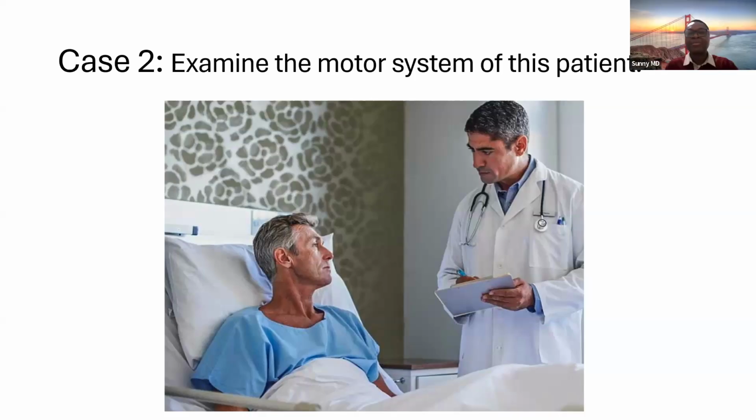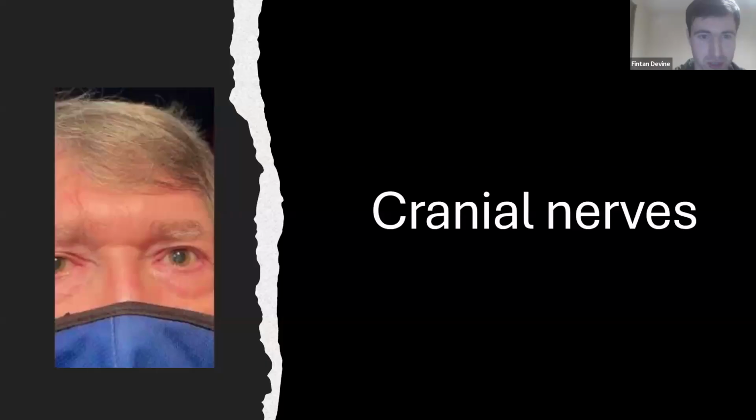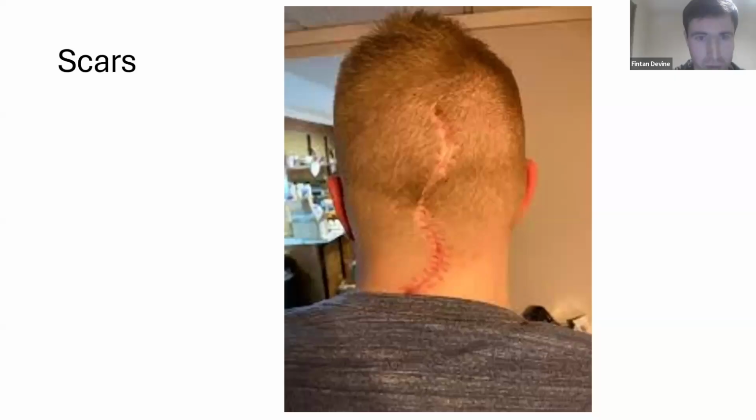So I would ask the patient to walk after I've done a general inspection of him, to see is there any obvious abnormalities on inspection. I'd be looking to see is there any evidence of muscle wasting or any obvious abnormal movements.